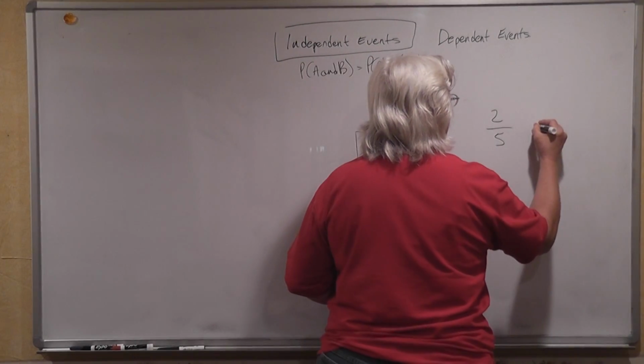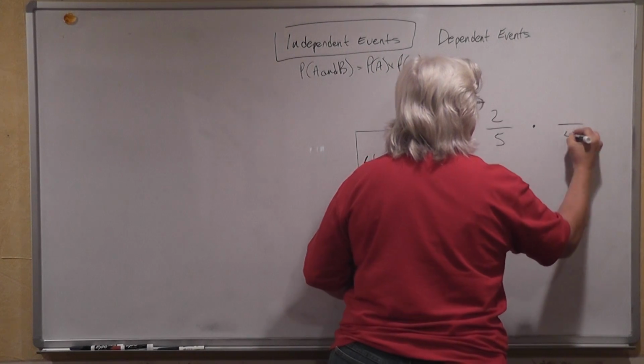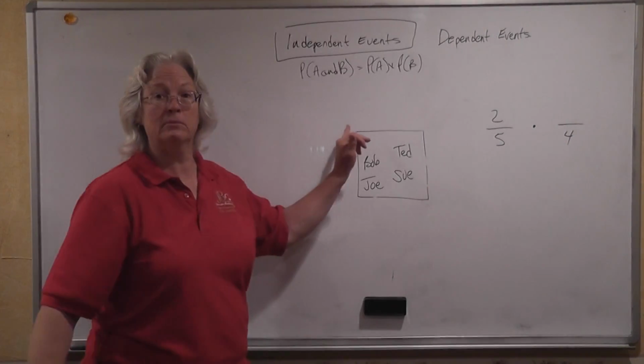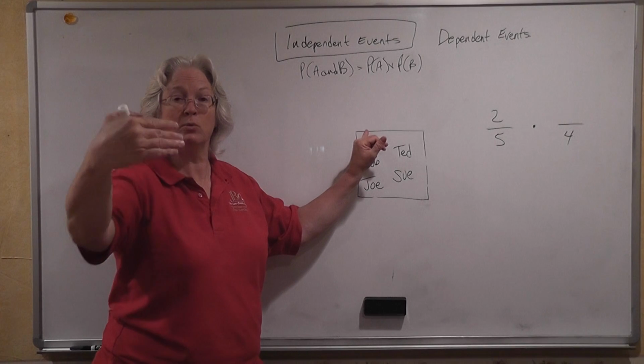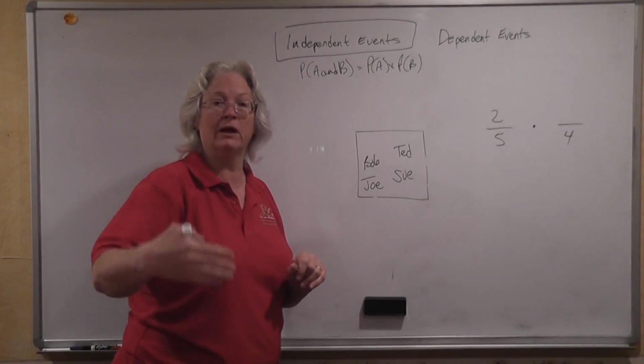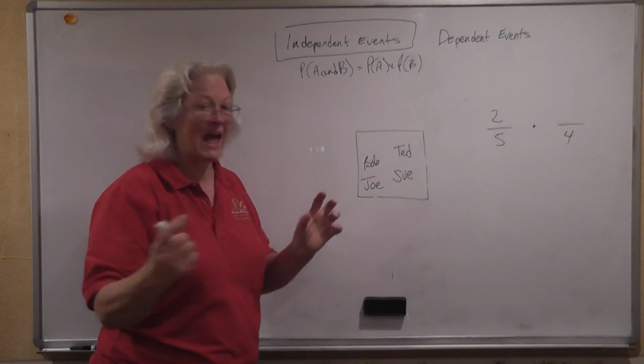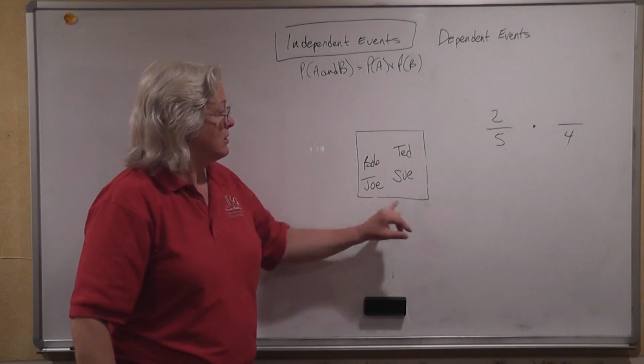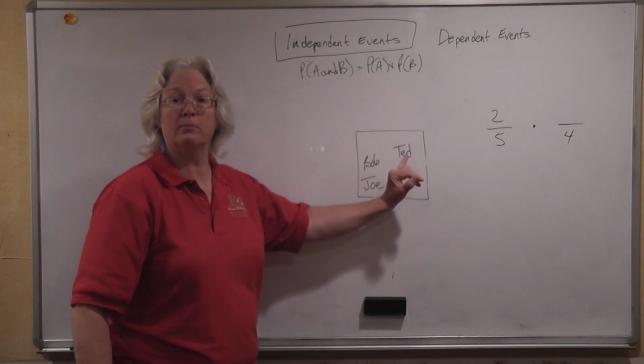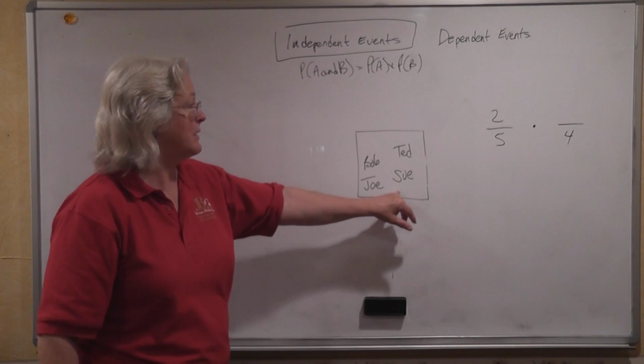So if you have already drawn a girl's name, and now you want to see what's the probability of drawing a boy's name afterward, your number of total possible choices has decreased by 1.